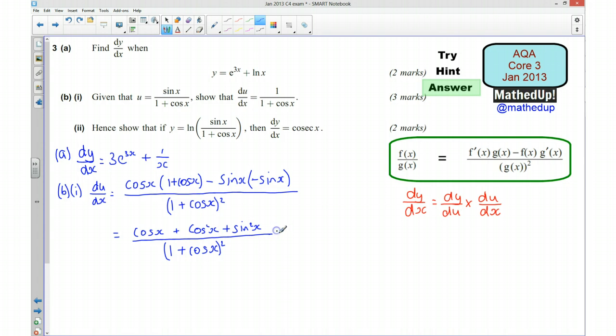So this is going to be equal to 1 plus cos x over 1 plus cos x squared. So that's going to cancel with one of those, so we're going to have 1 over 1 plus cos x as required. So we've managed to show that du by dx is equal to that there.